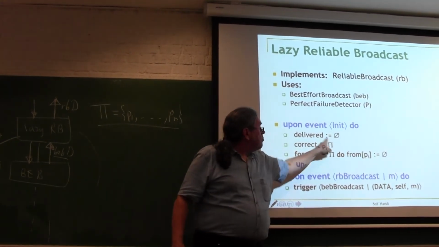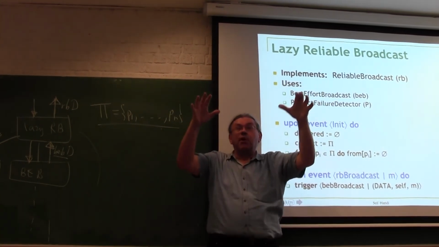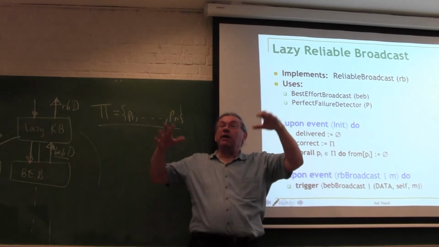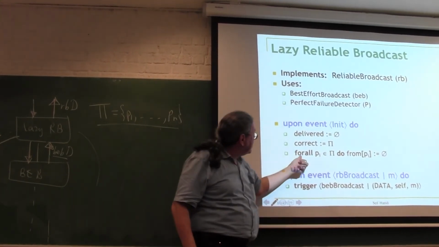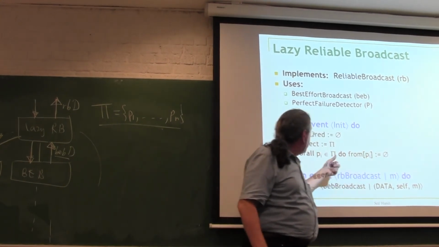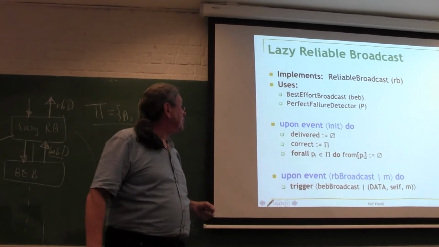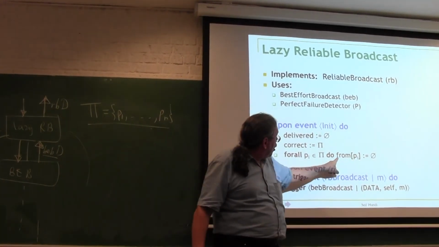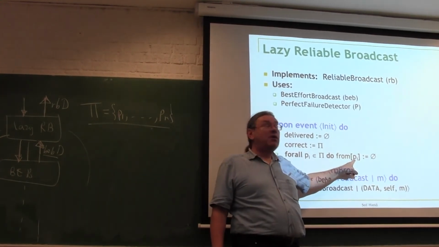I start by assuming all nodes are correct. But this correct variable will get smaller and smaller as the execution goes on. Delivered will get bigger and bigger as messages are delivered. And then we have this from set. We have to know messages coming from each Pi. So we'll see what we use this one for. This is an array of sets indexed by the name of the node.